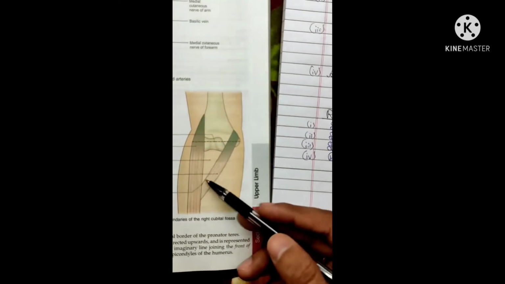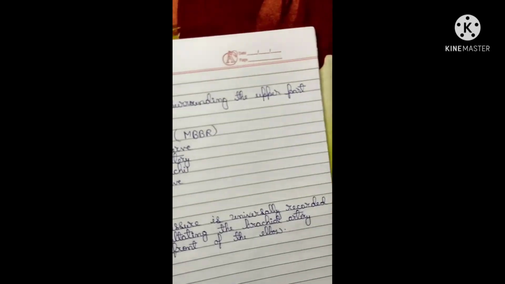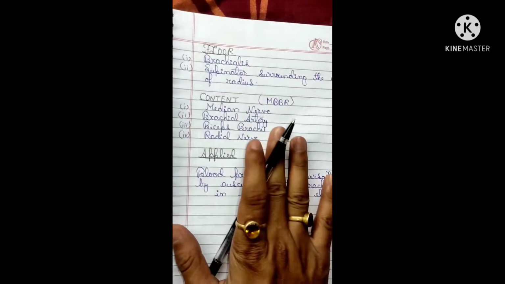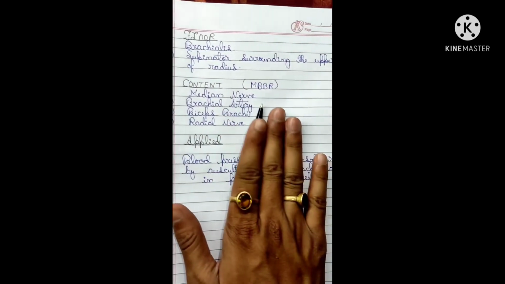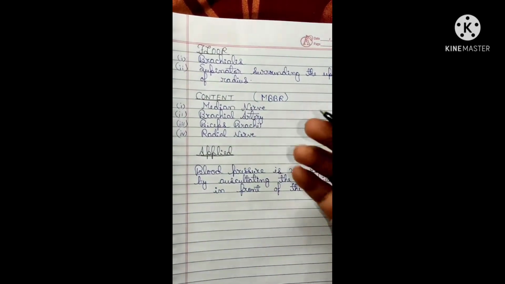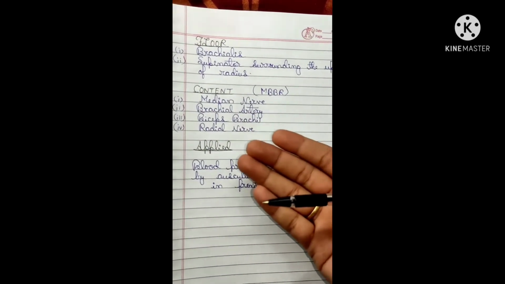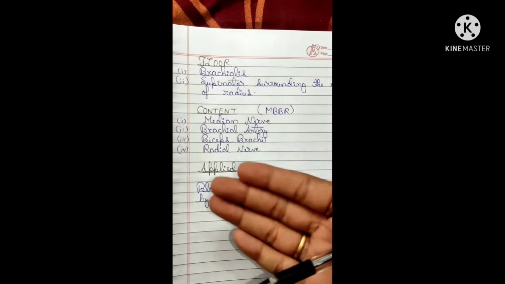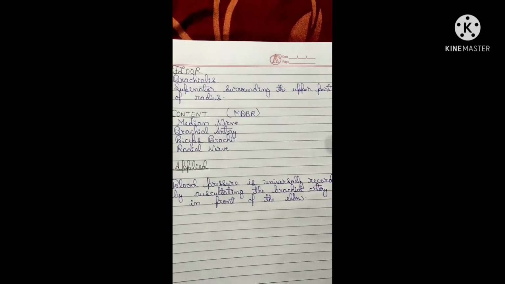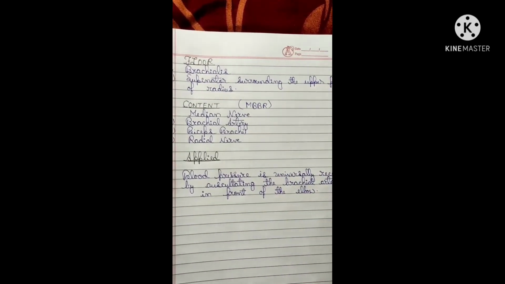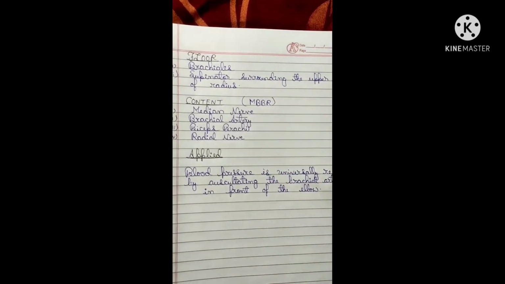After that we get cubital fossa. And what makes the floor? The floor, on which cubital fossa is suspended, is formed by the brachialis muscle and the supinator muscle, which surrounds the upper part of the radius.